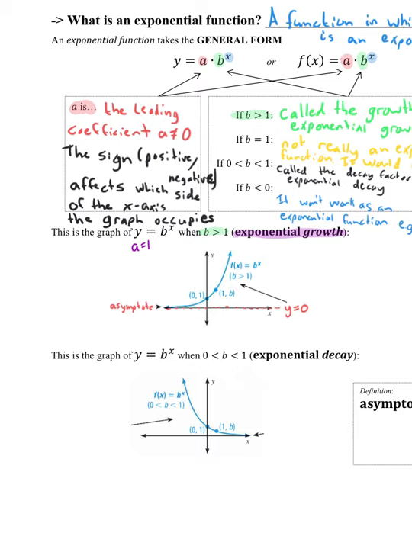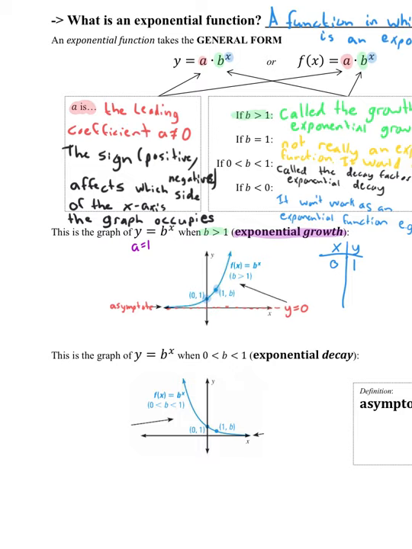And then we see 2 points here. One of them is 0, 1, one of them is 1, b. That's just like if we created an actual XY table and plugged in 0 for x, you would get b to the 0 power. So you'd get 1. Anything to the 0 power is 1.